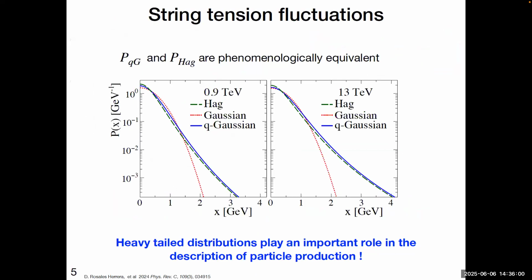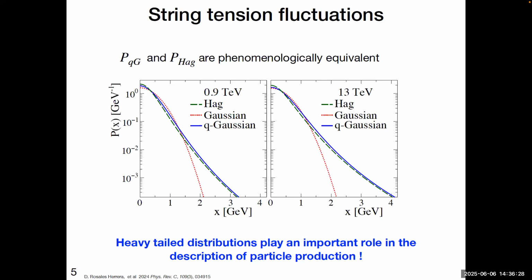In fact, both distributions, the string tension fluctuation for the Q-Gaussian and the one derived for the Hagedorn function, are phenomenologically equivalent. Here in this plot, we show the string tension fluctuations for different center of mass energies, and we can observe here in the blue and green curves that they behave very, very similar.